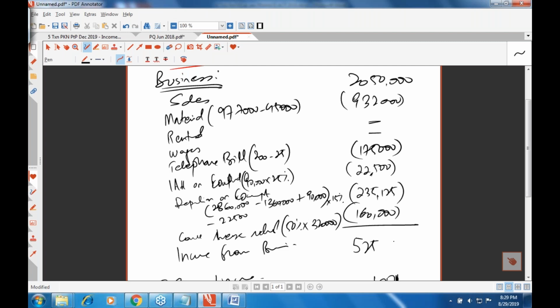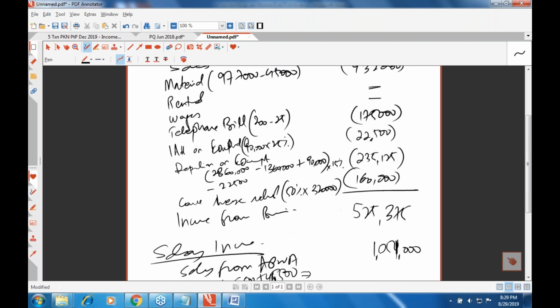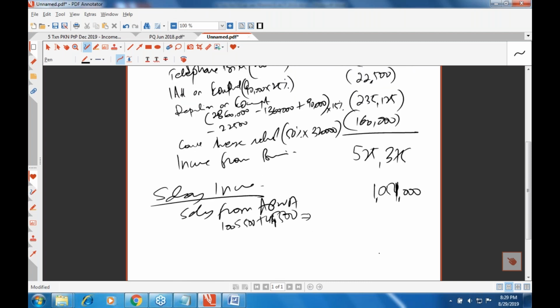Now let's try to establish the whole of it. You have 575,525,375 as income from business, plus the salary, and it's all going to be 1,576,375.